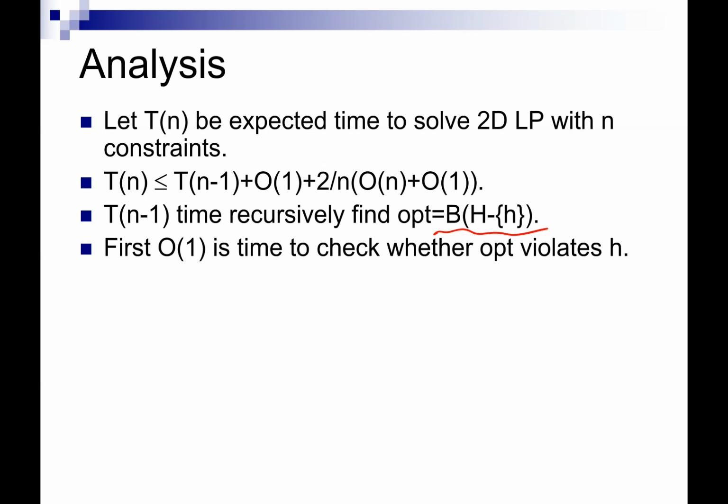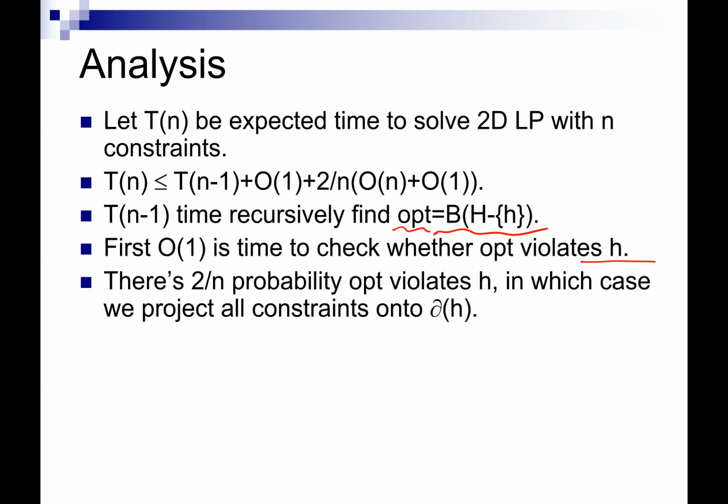Next you had to check whether this optimum actually violated the constraint that you took out. That just involves taking a dot product, so that can be done in constant time, because we're in 2 dimensions.